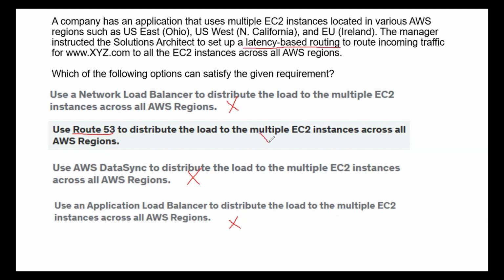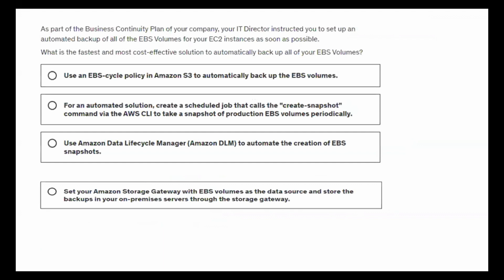So the correct answer is choice 2. Use Route 53 to distribute the load to the multiple EC2 instances across all the AWS regions. Because Route 53 being a global service, it can span across multiple regions. So the correct answer is B.